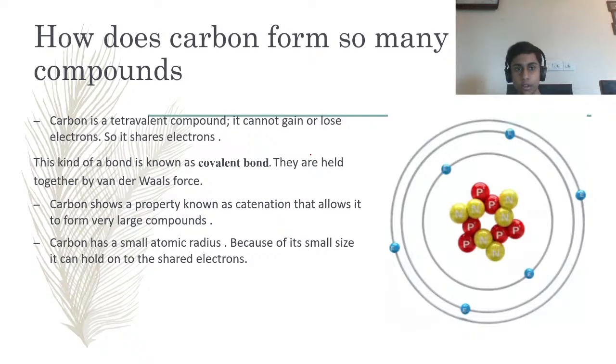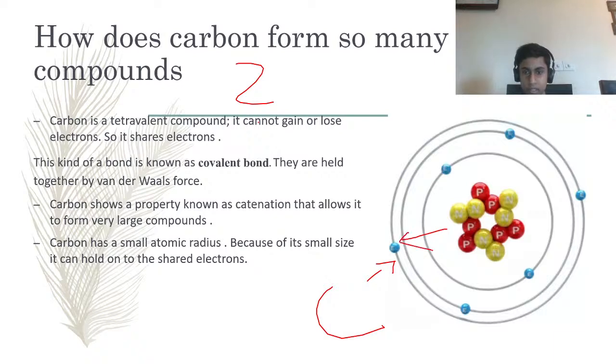So how does carbon form so many compounds? Carbon is a tetravalent element. It cannot gain or lose electrons, so it shares electrons. If we have a carbon atom here and we had to add 4 electrons, we would need so much energy, and on top of that, all the electrons in the outermost shell would shield it from getting inside the shell.